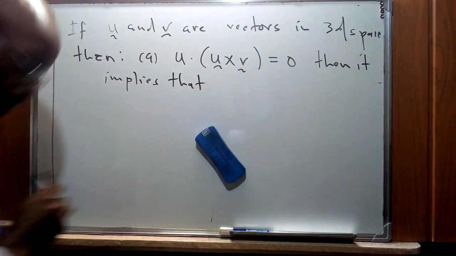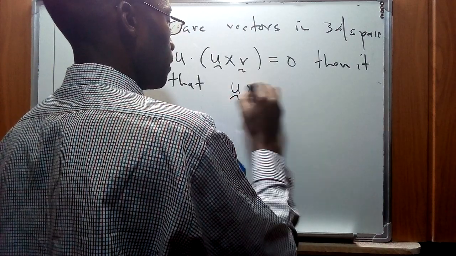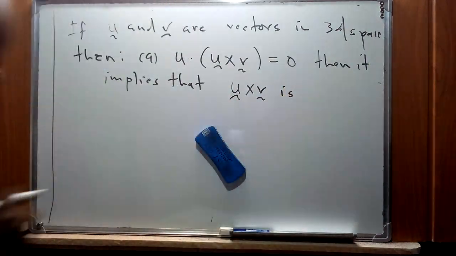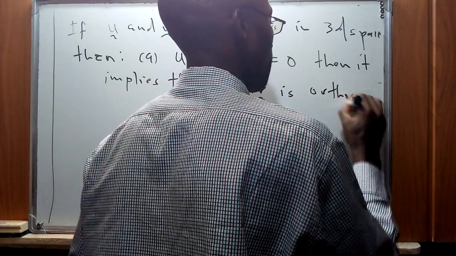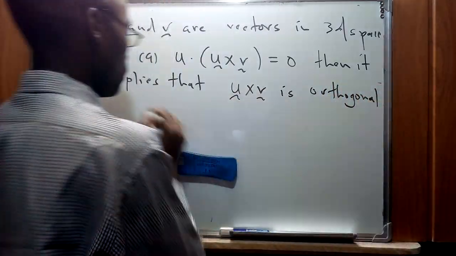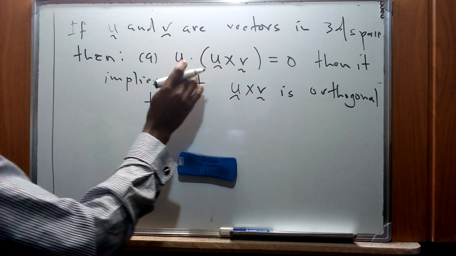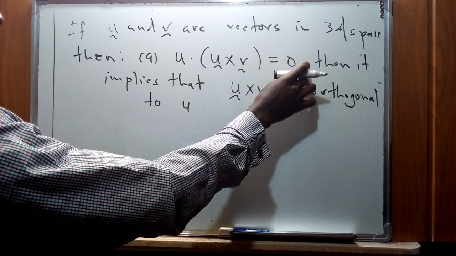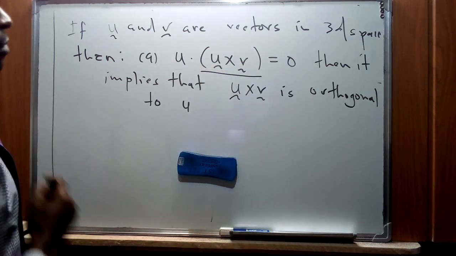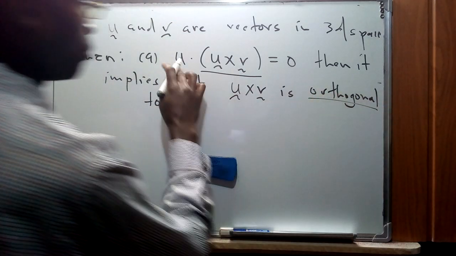that u cross v is orthogonal to u. So when the dot product between u and the cross product u cross v gives us a 0, then it implies that this particular expression is orthogonal to u.